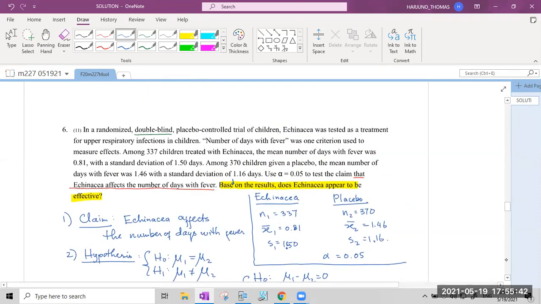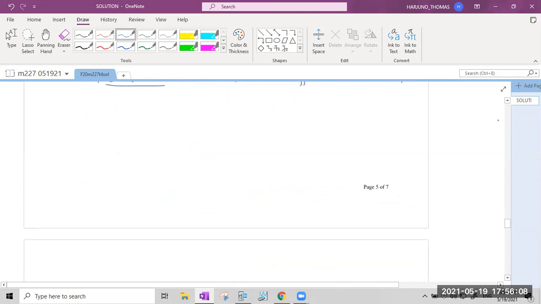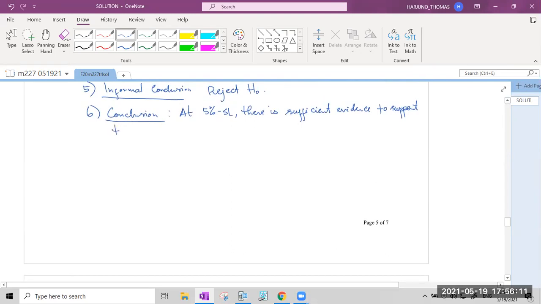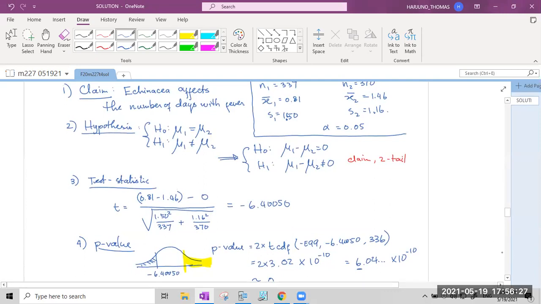I think it's 5%, right? At the 5% significance level, there is sufficient evidence to support the claim that echinacea affects the number of days with fever.